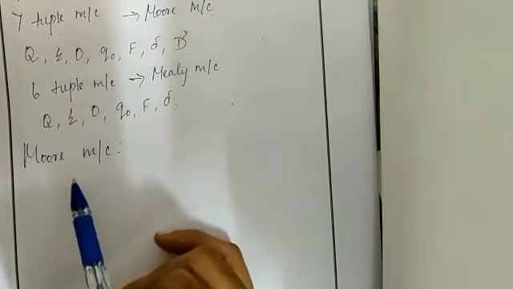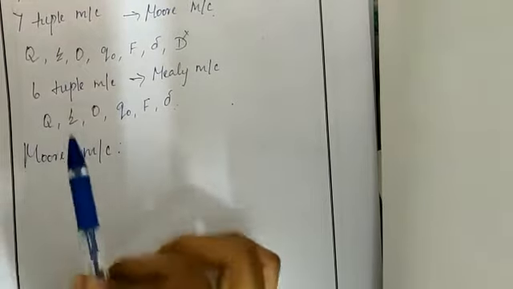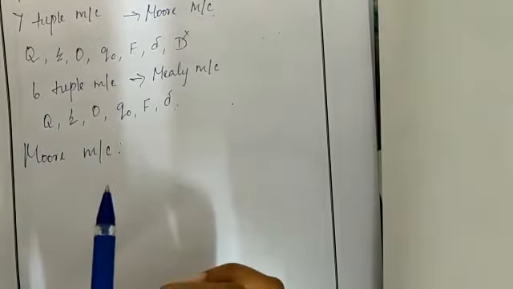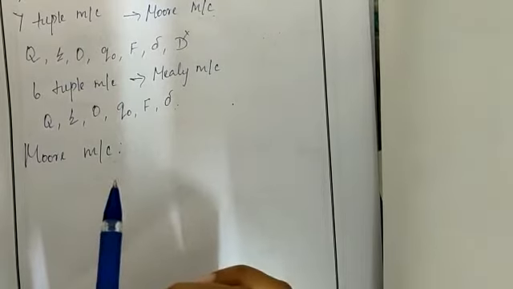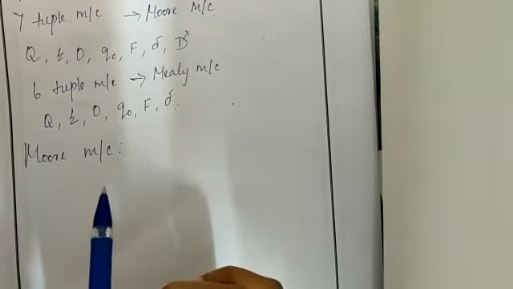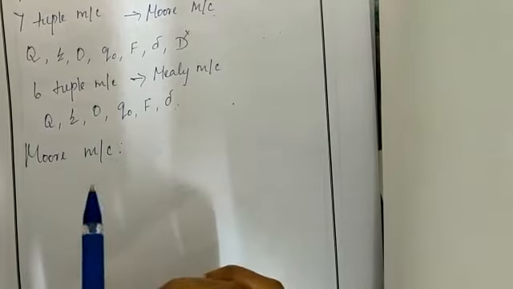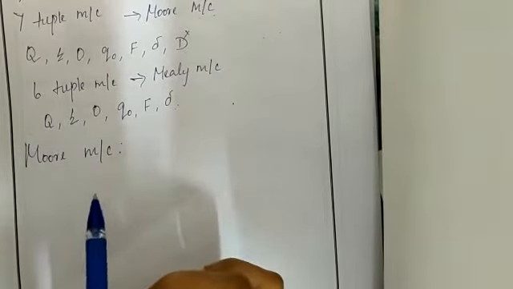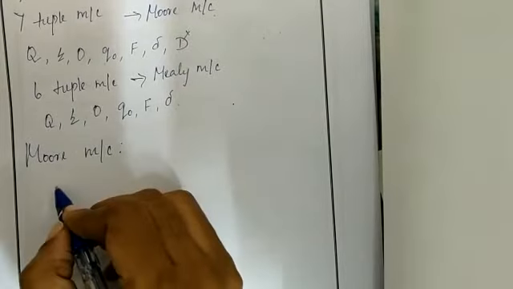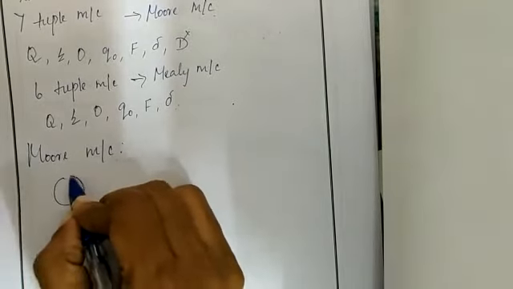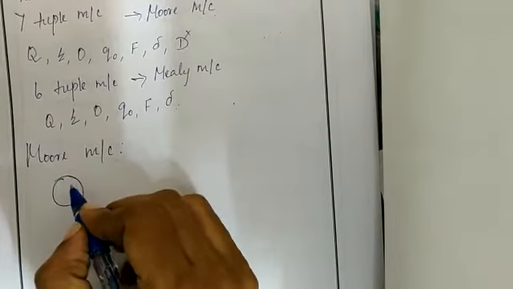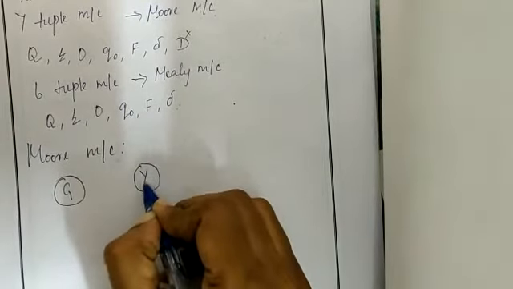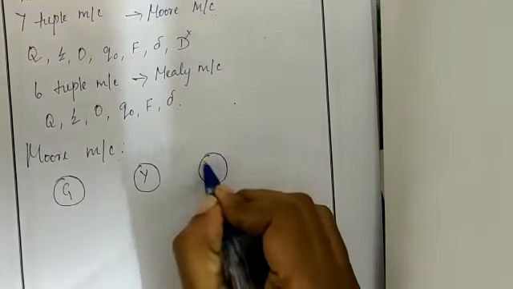In this finite state transducer, every state will be associated with an output. As I said, finite state transducer is nothing but finite automata with output. So every state will be associated with an output. So I'll draw my traffic light, my green signal, my yellow signal, and my red signal.